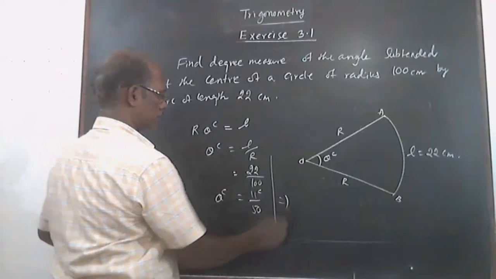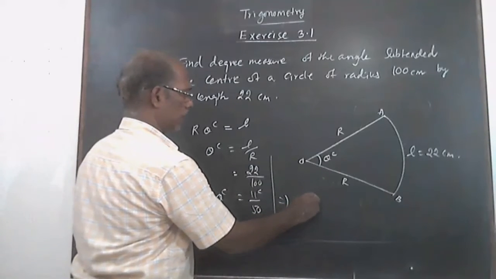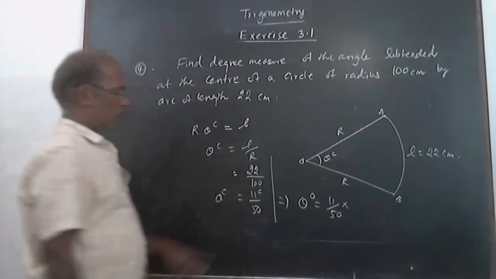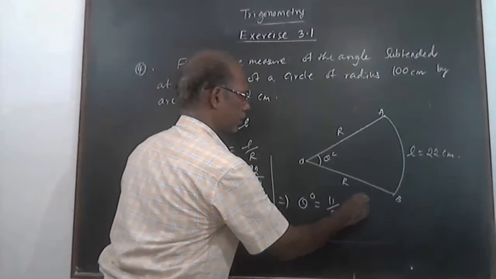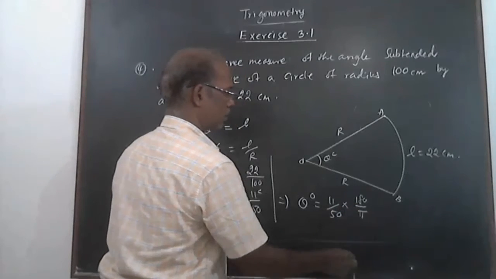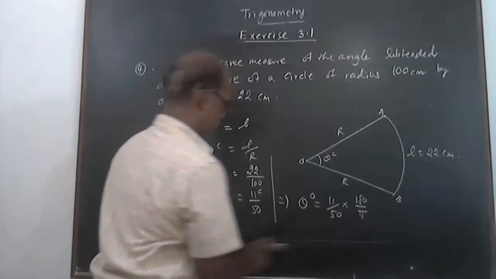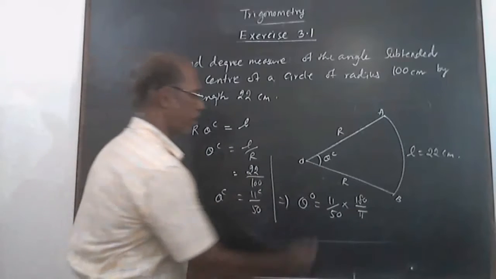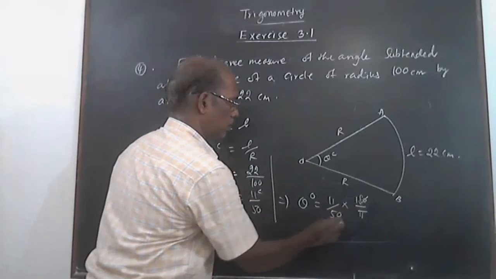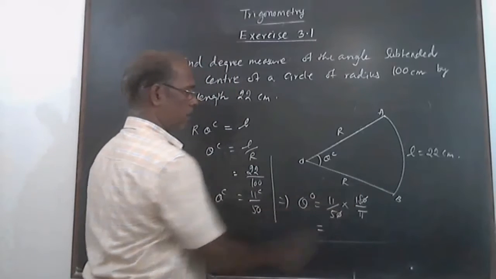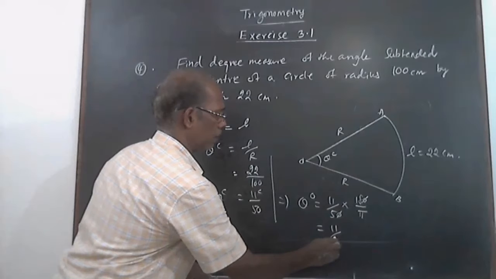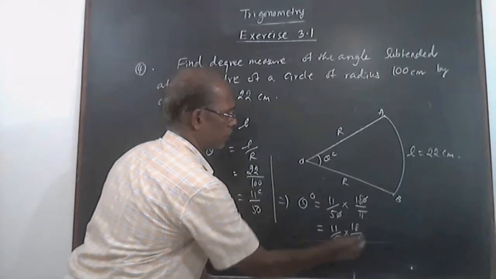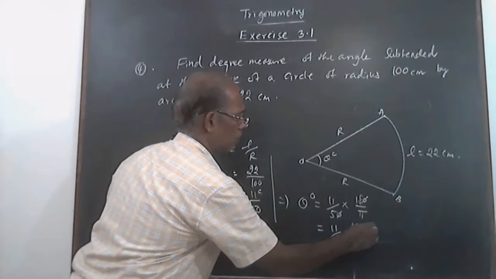This implies theta in degree equals 11 by 50 into 180 by pi, since 1 radian equals 180 by pi. Then you can cancel by 10, 5 times and 18 times. 11 by 5, 18 by pi, with pi as 22 by 7, is 22 into 7 in the denominator.